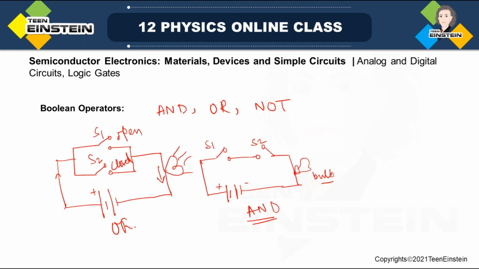The NOT operator has only one input and one output. Okay, so let me draw that. Suppose this is a battery.